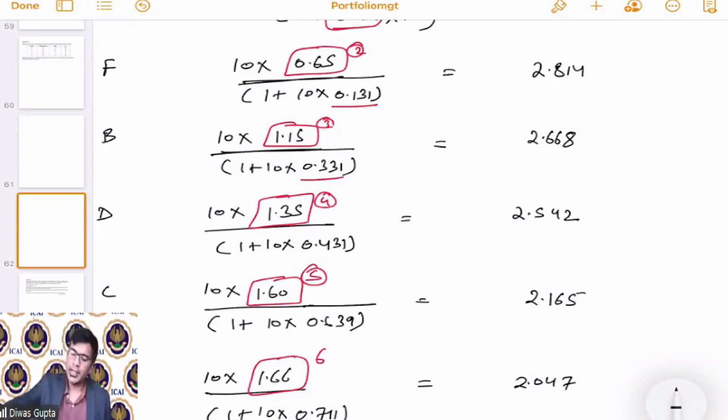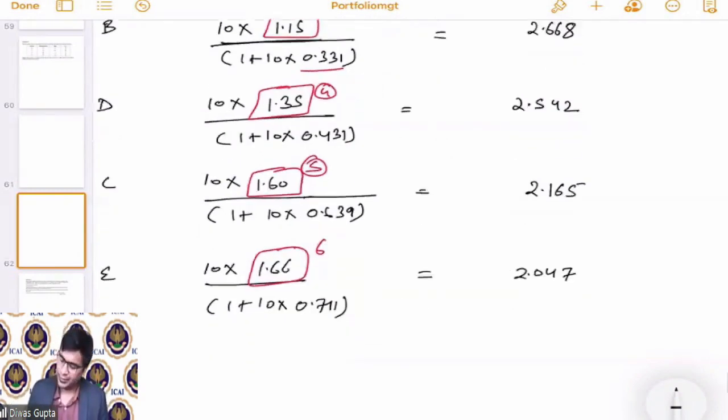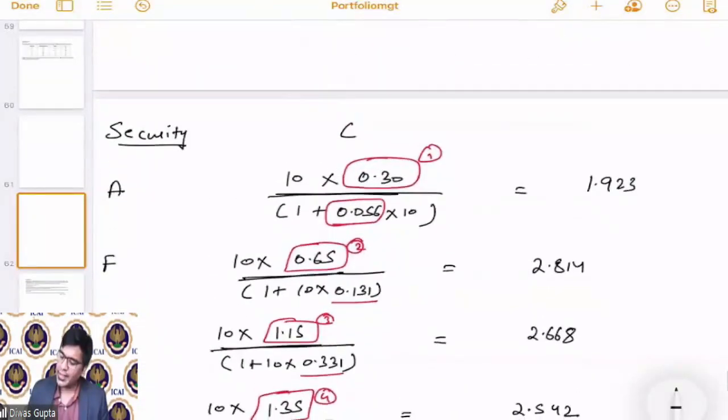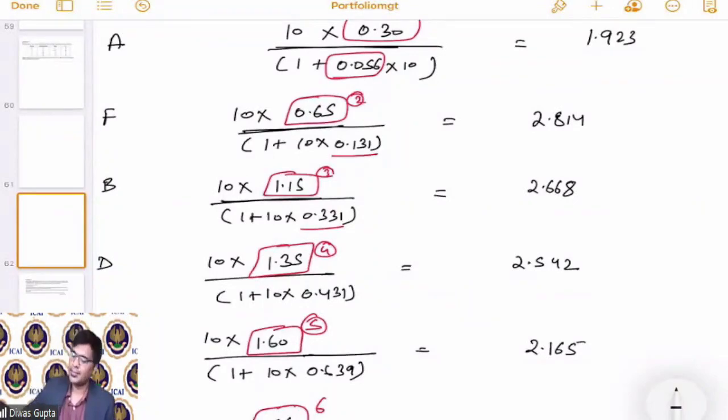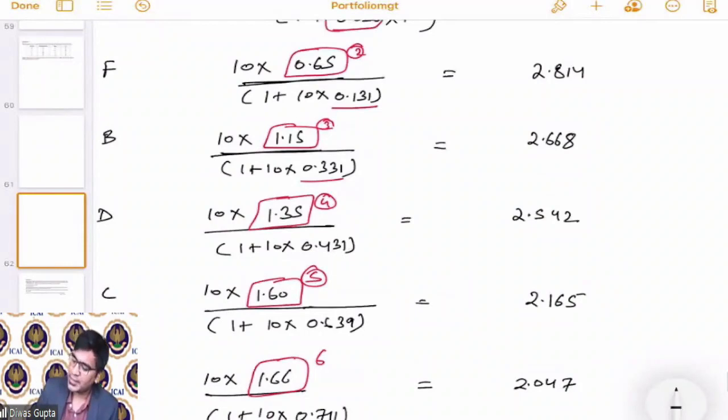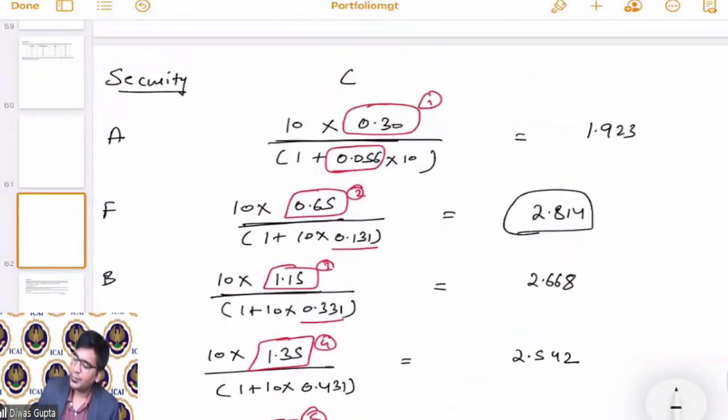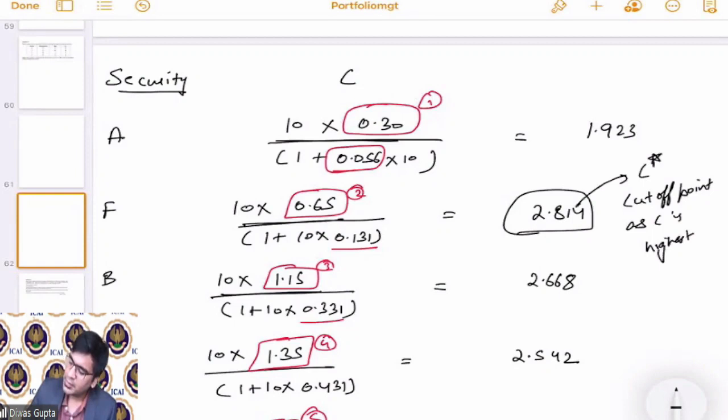Okay, students, so till now we have calculated the value of C. Now we have to calculate the cutoff point. If you see which is the highest C in this, the highest C is actually this. As C is highest, this value becomes C star.